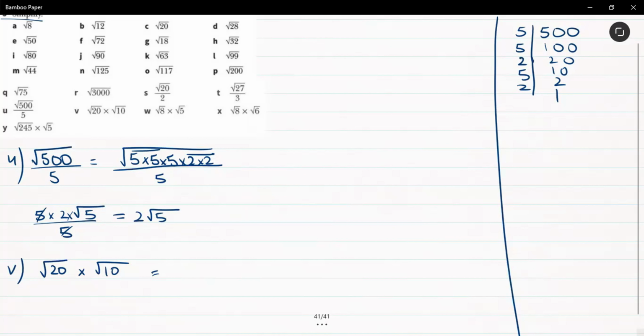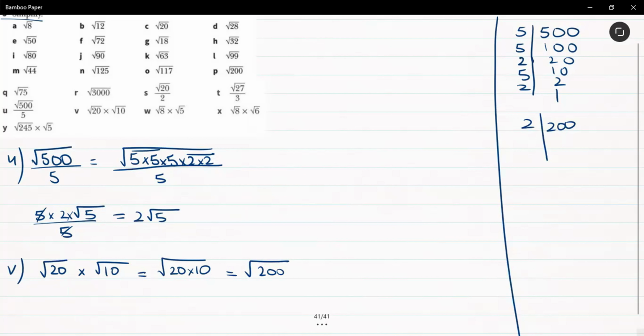No. Can we simplify under root 20? Yeah, we can. In fact, just simply do this: 20 multiplied by 10 is equal to under root 200. And just find out the LCM of 200 to get the simplest value.